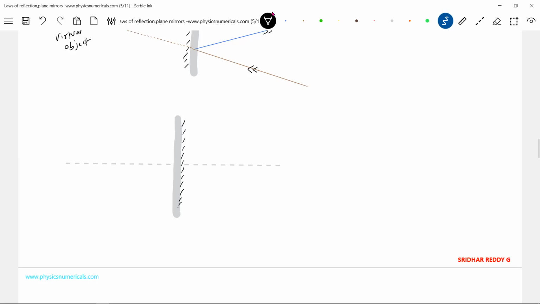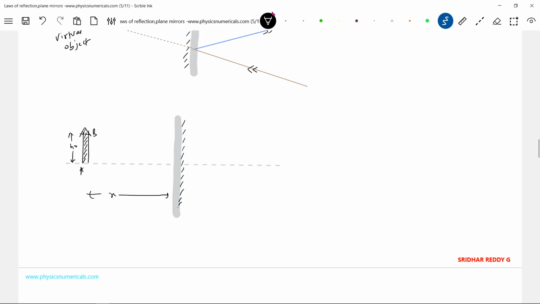Let me keep an object, an extended object. Okay, this is A, this is B. So the height of the object will be HO. It is at a distance, say X, where the image will be formed.